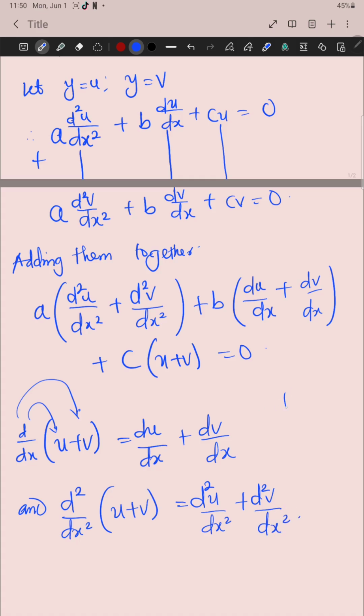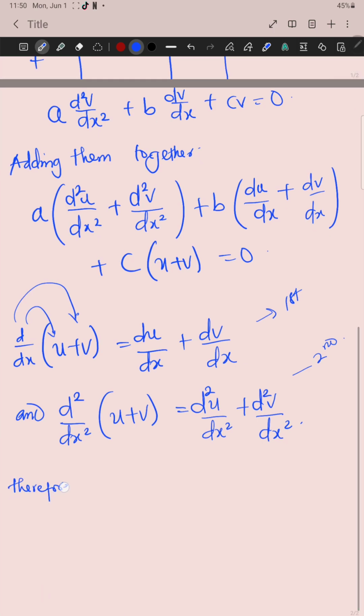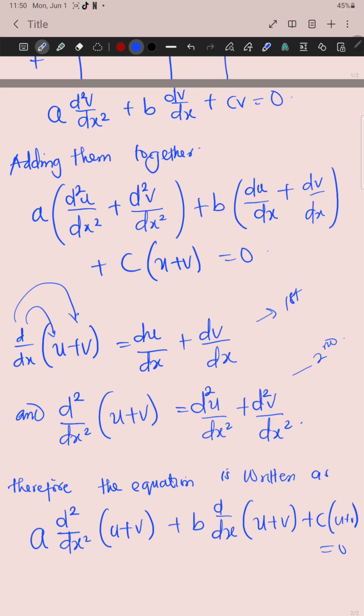So this is the first differential, this is the second differential. You see that? So therefore, at this junction, the equation can be written as a d squared over dx squared into the bracket of u plus v plus b d over dx into the bracket of u plus v plus c into the bracket of u plus v is equal to 0.